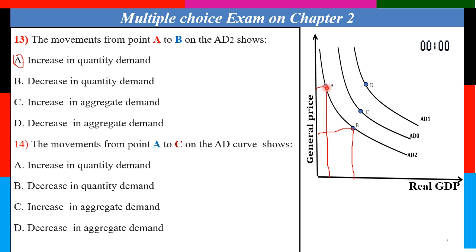So movements along the same aggregate demand curve causes increase in quantity demand, not increase in aggregate demand. Please remember what the difference between change in the quantity demand and change in the aggregate demand.